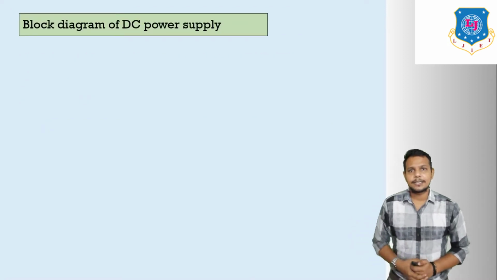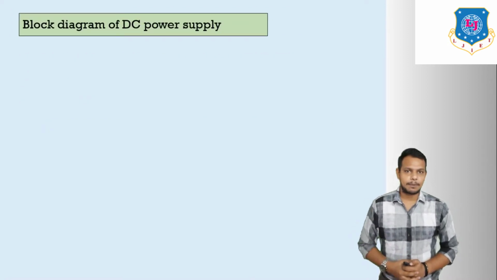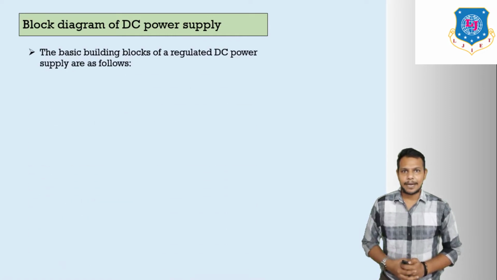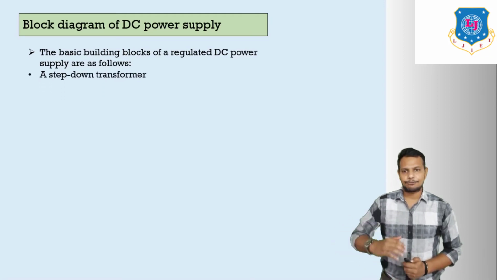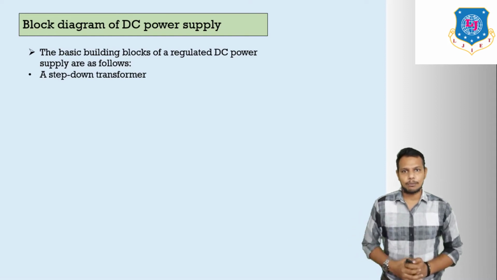Next, this is the block diagram of a DC power supply. The blocks of a regulated DC power supply are as follows. The first block is the step down transformer.